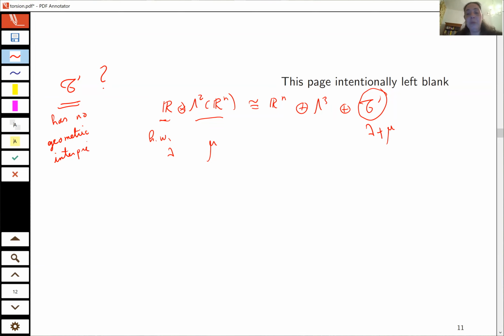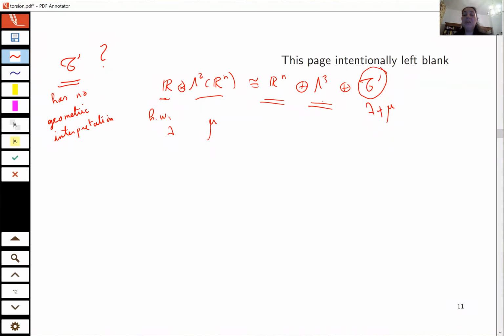It's just some representation of the group, whereas the two other pieces can be identified with tensorial representations. That's actually the big difference. So for these other two parts, we have a geometric way to deal with them and to identify them with normal tensors, whereas with T prime, we don't know.